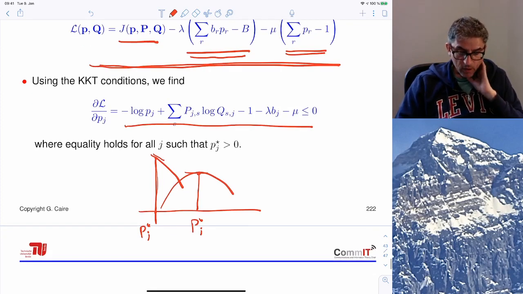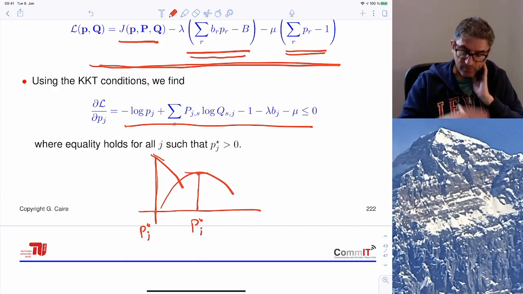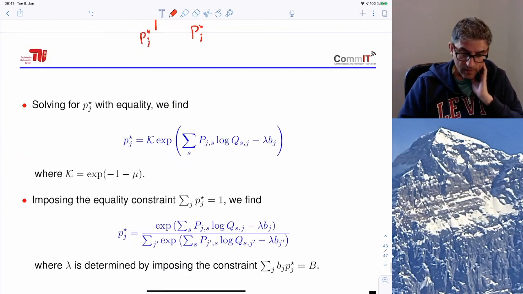Okay, so then we try to solve the stationarity point and see if we get a solution P star that is always positive, and then we accept it. Otherwise we have to discuss what happens at the boundary.